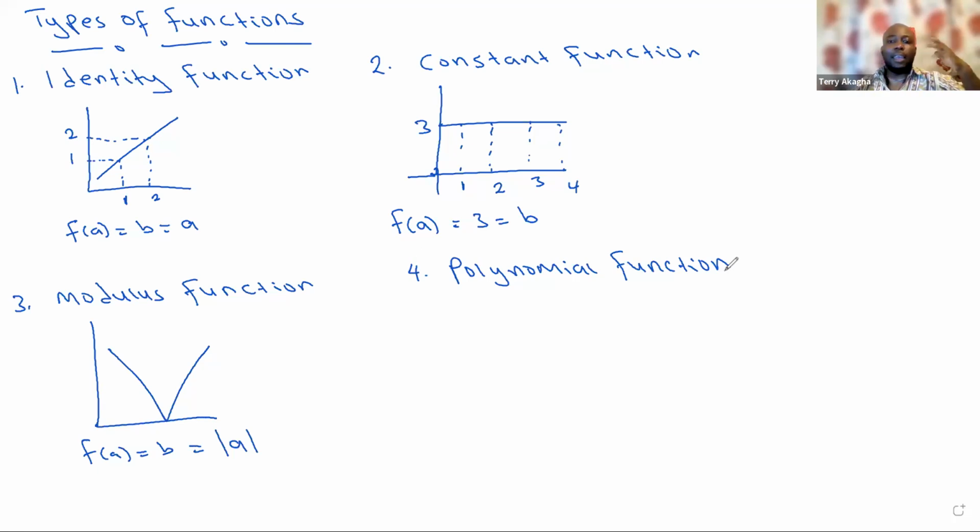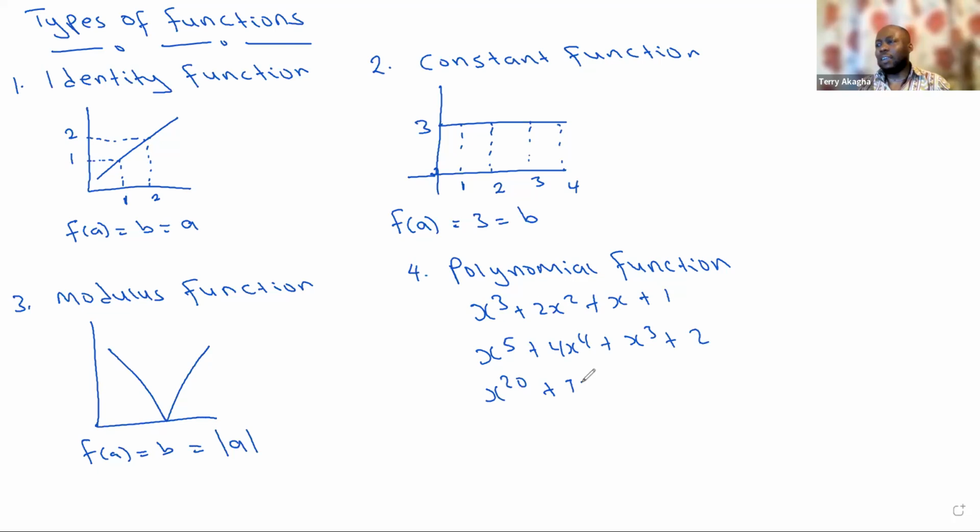So any non-negative. It could be something like x raised to the power of 3 plus 2x squared plus x plus 1, or x raised to the power of 5 plus 4x^4 plus x^3 plus 2, or x raised to the power of 20 plus 10x^5, stuff like that.